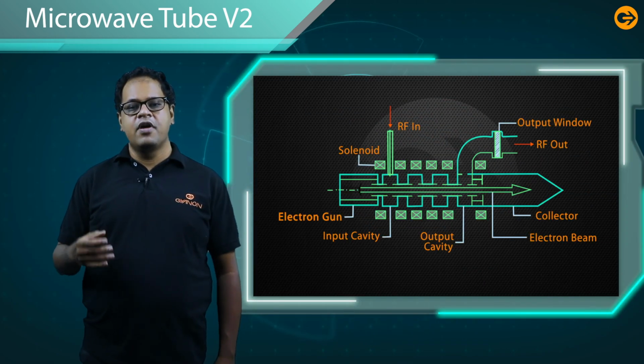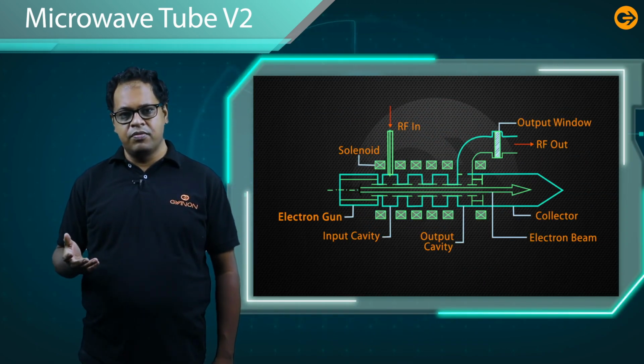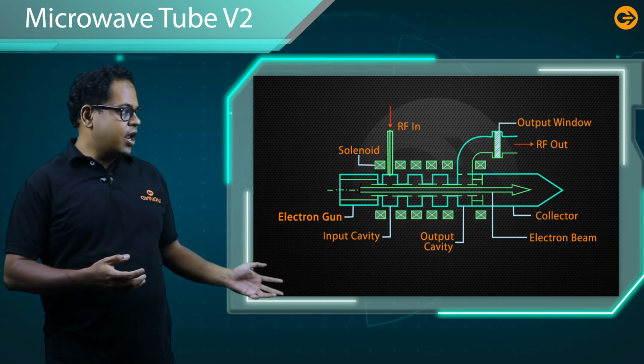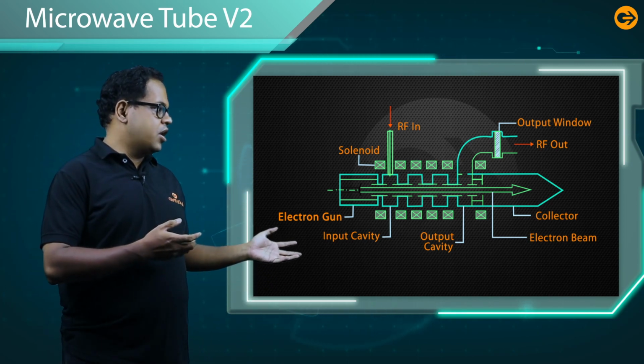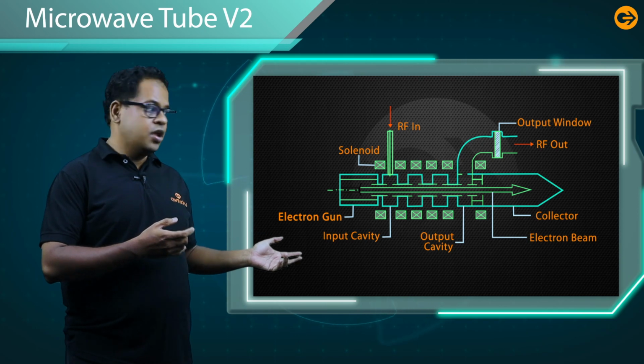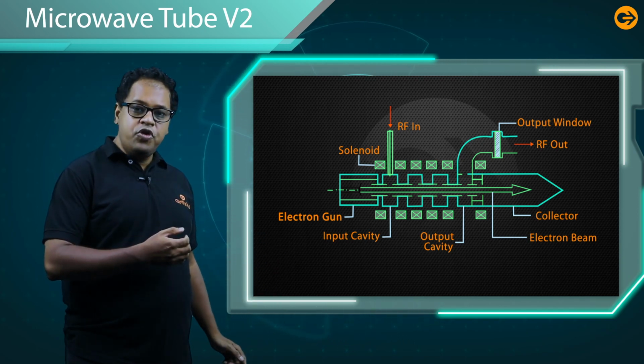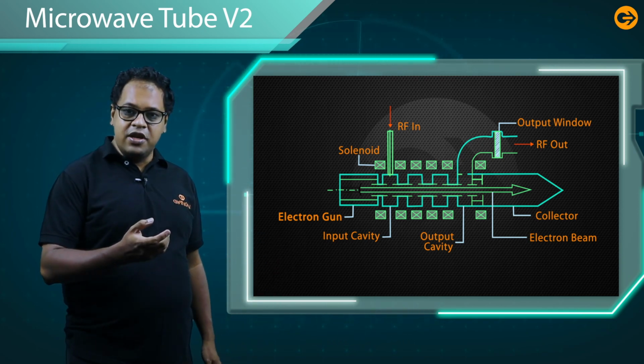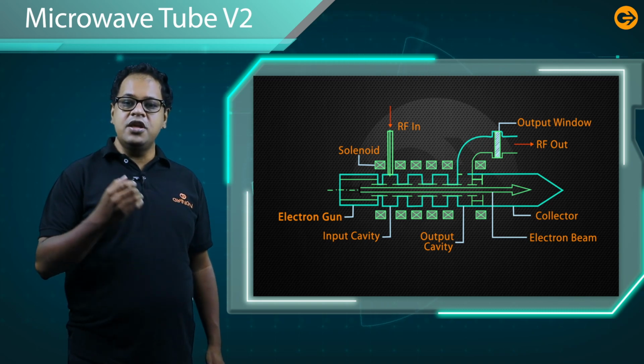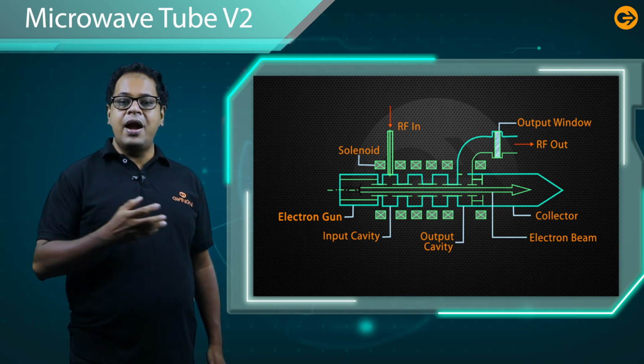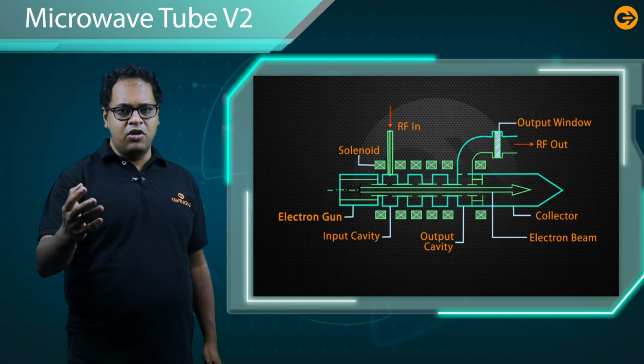There are a multiple number of cavities. That's why the name of the klystron is multi-cavity klystron. Let us discuss the principle of the multi-cavity klystron. In the multi-cavity klystron, there is one electron gun, one solenoid, one input cavity, another output cavity, and between the input cavity and the output cavity, there are multiple cavities.